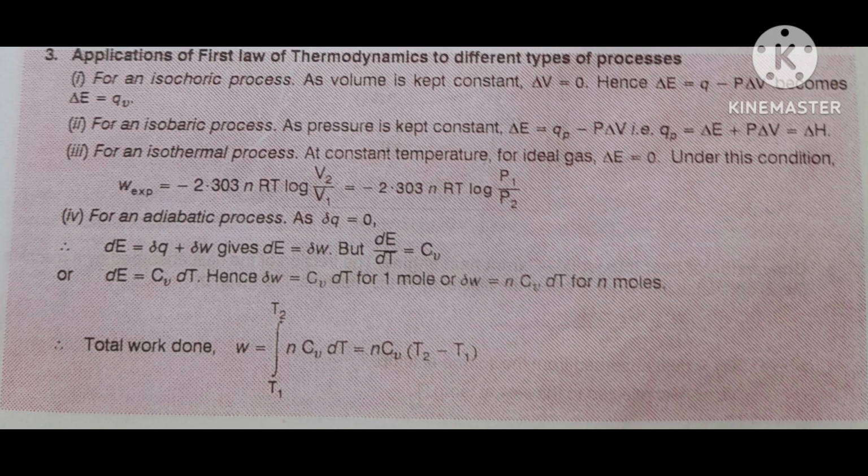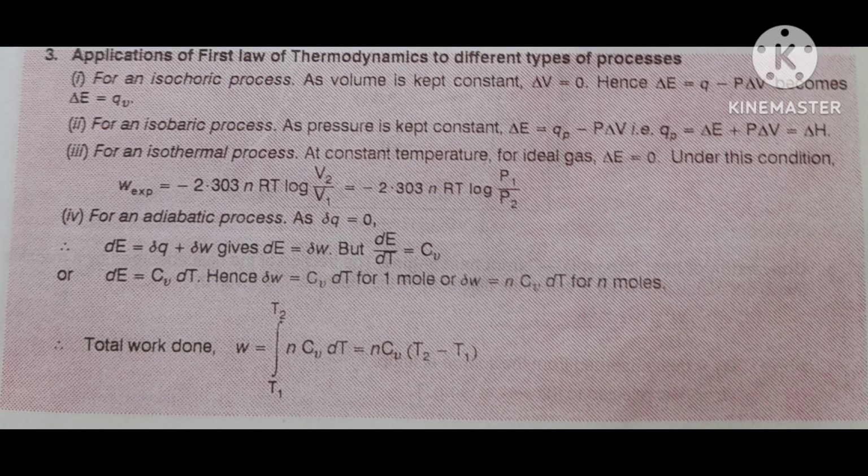Because the gas system will do the work, then its energy will decrease. Work done by the system, then it will be minus. And volume changes from V1 to V2, expansion, so V2 you write upside, V1 down. This expression is very, very important.